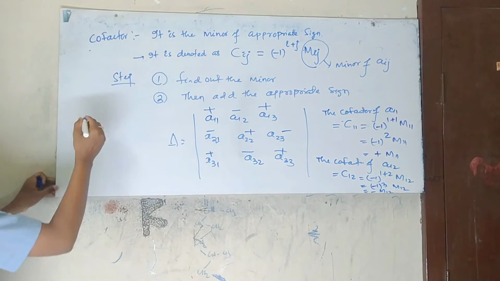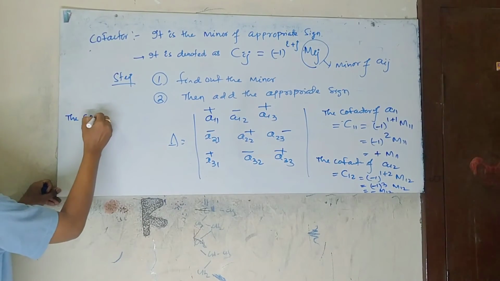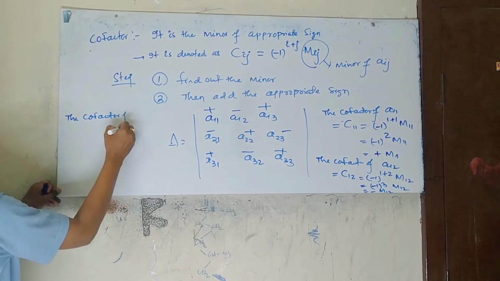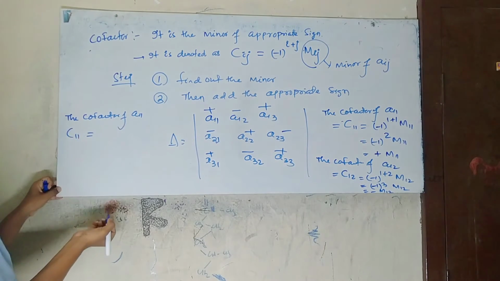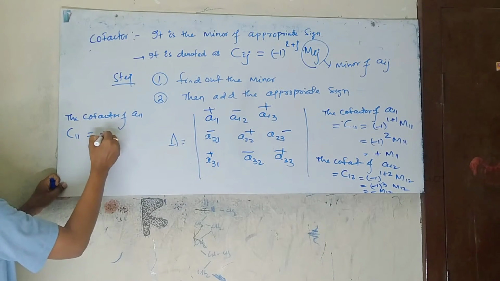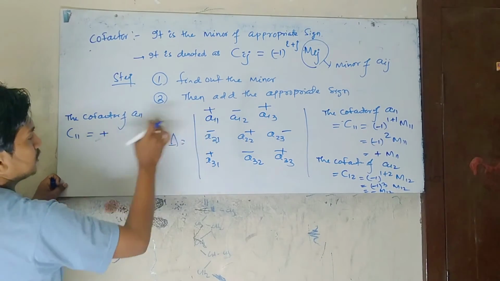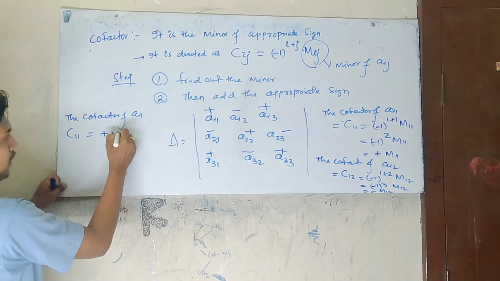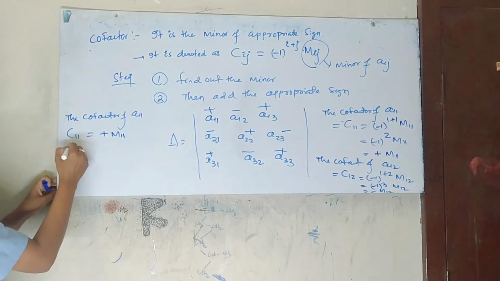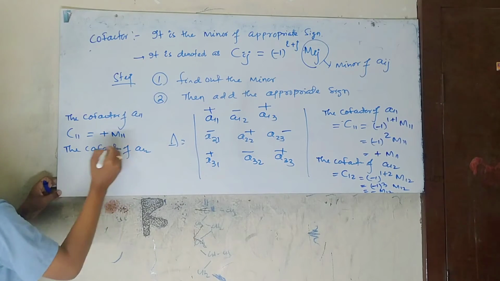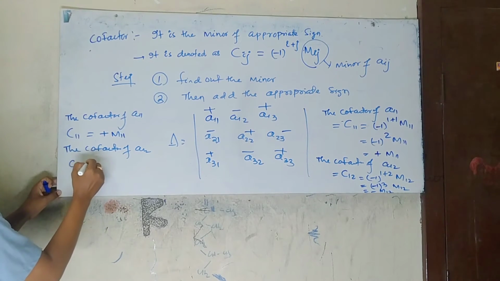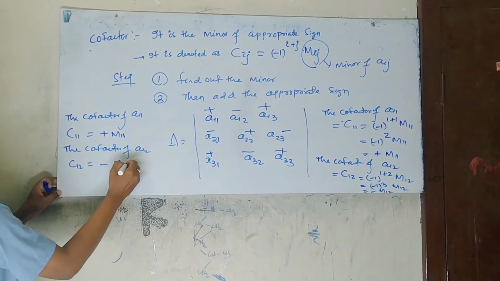If you write the cofactor of A11, that means you write C11 is equal to plus, because I am giving this one the sign of plus, plus M11. If I write the cofactor of A12, you write C12 is equal to minus M12.